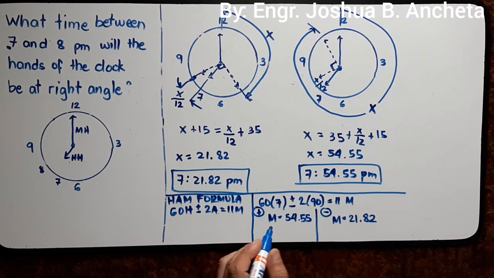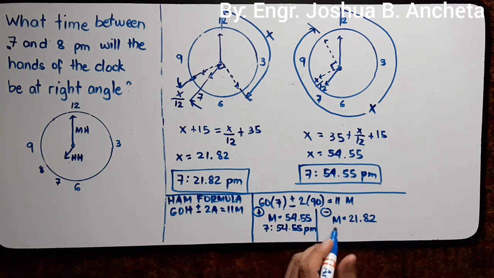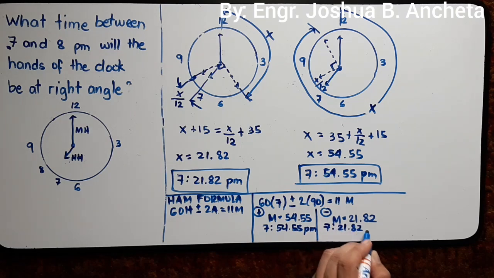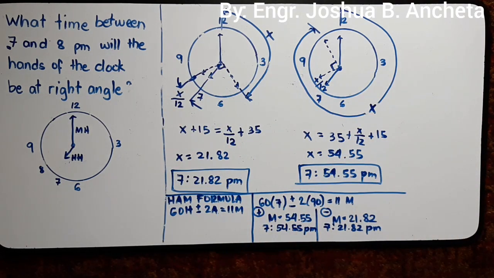So meaning you can still get the same answers. This is at 7 o'clock, 54.55 p.m., and then for this, 7 o'clock and 21.82 p.m. So this is my conventional method and my shortcut method in solving clock-related problems in algebra.